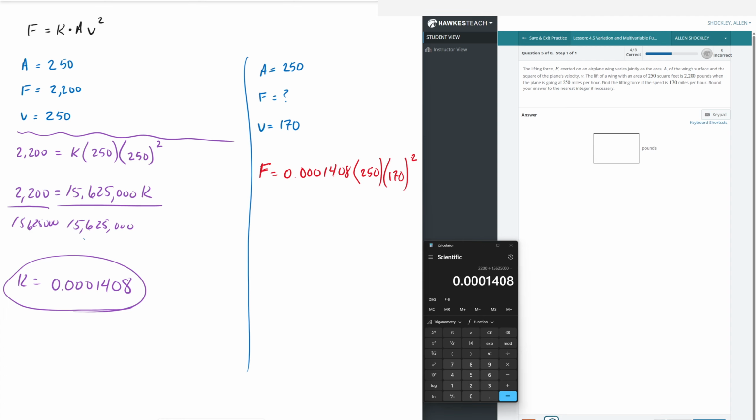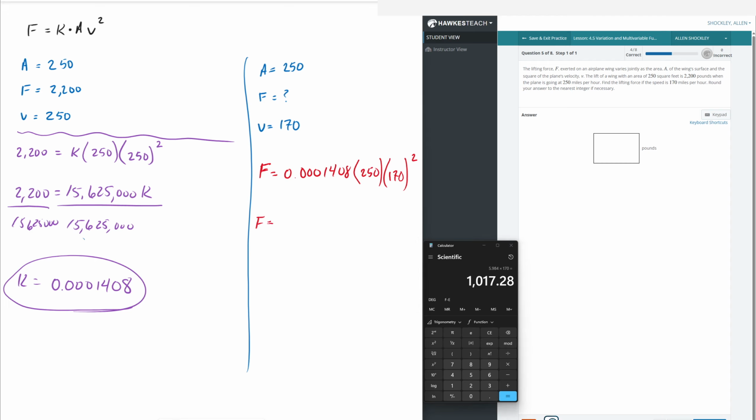Because this is just multiplication, I'm going to go from left to right. I'm going to multiply it by 250, and then multiply it again by 170 and again by 170. 170 squared is just 170 times 170, so it's all just multiplication in the end.